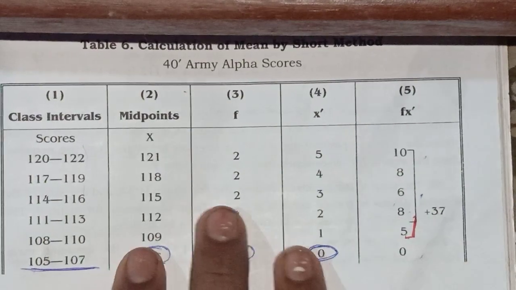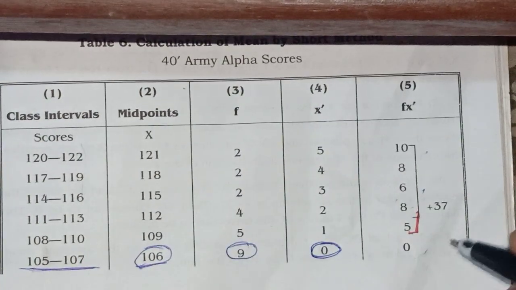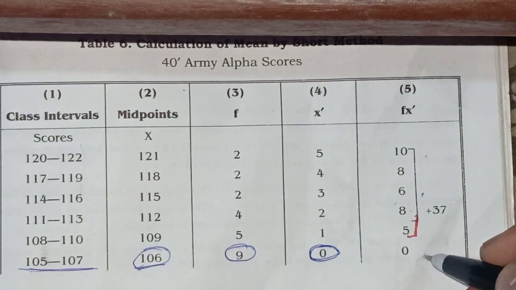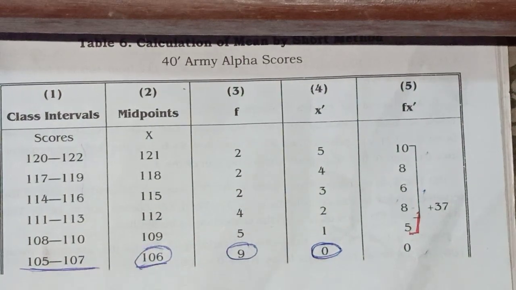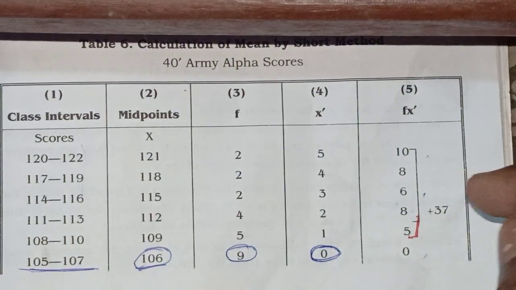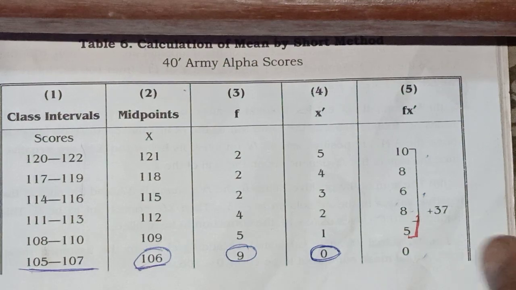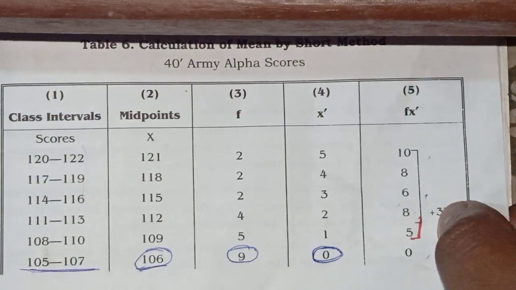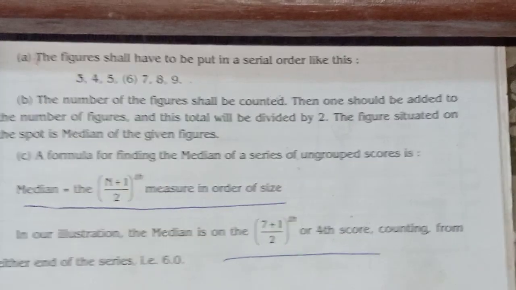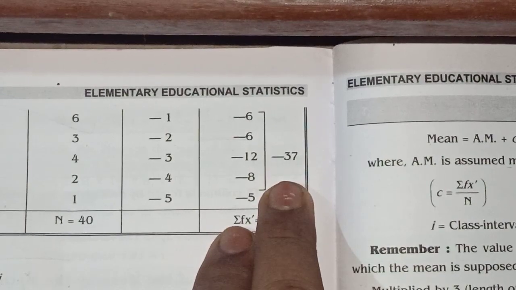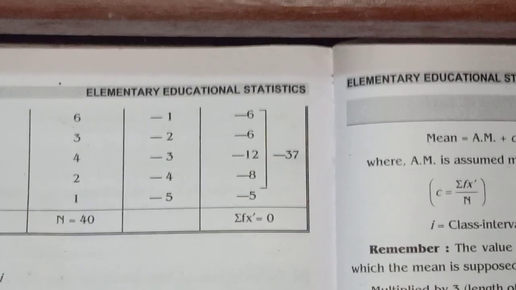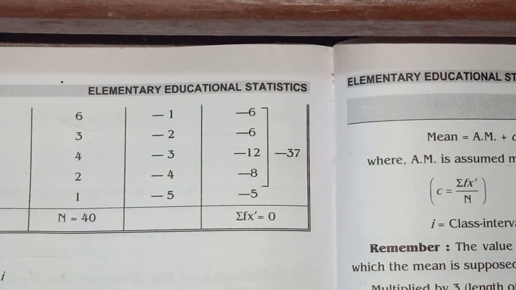You have to multiply all these things, below and above the midpoint or mid class interval. After adding the fx's, the score will be the same, 37, and here also 37. It is written minus and plus to show what is above and what is below, like this.